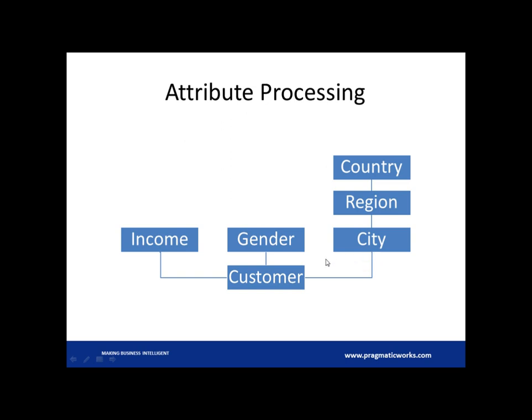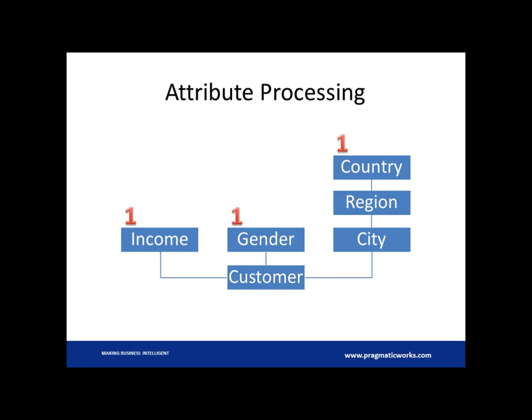So when we start processing this, analysis services has to process first the attributes in the dimension that have no other dependencies. In this case, it's going to start by processing income, gender, and country because those don't rely on any other piece of information.